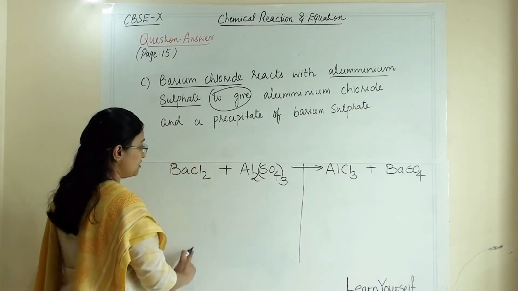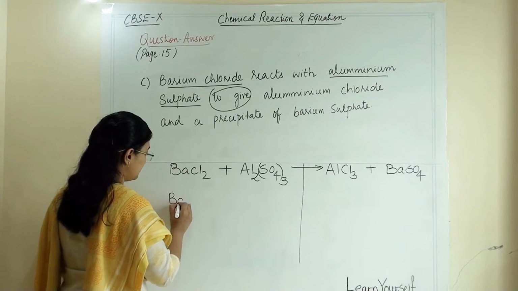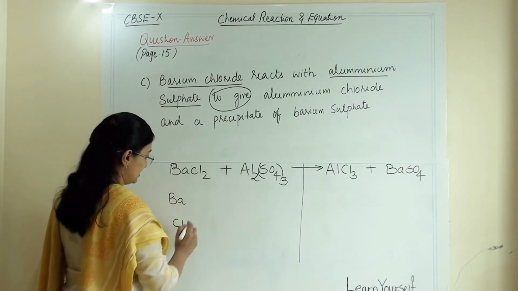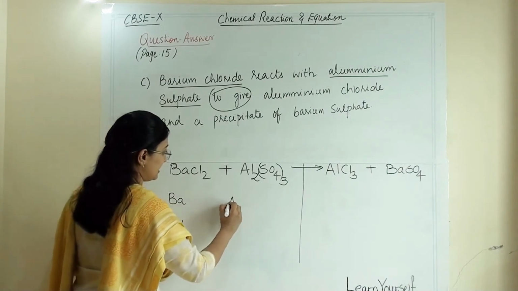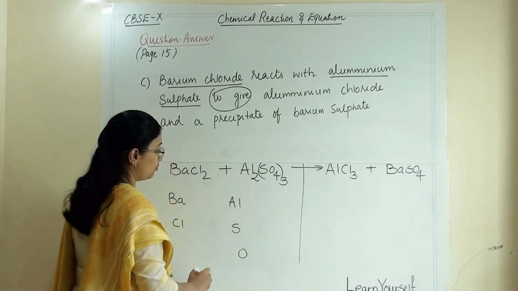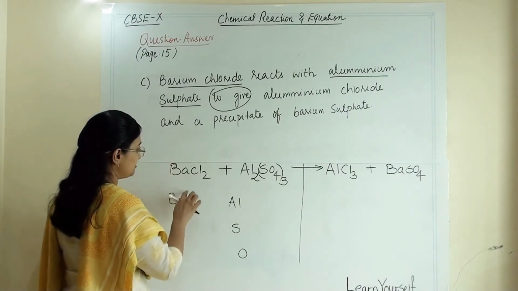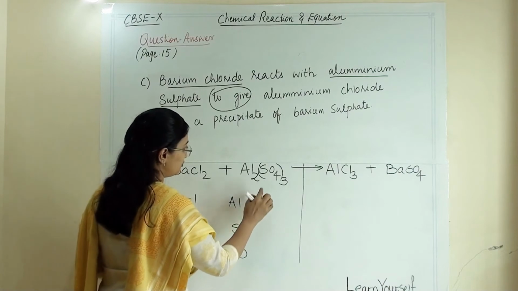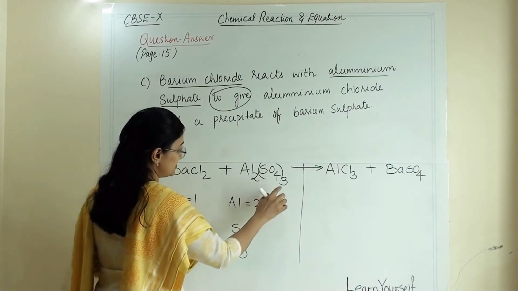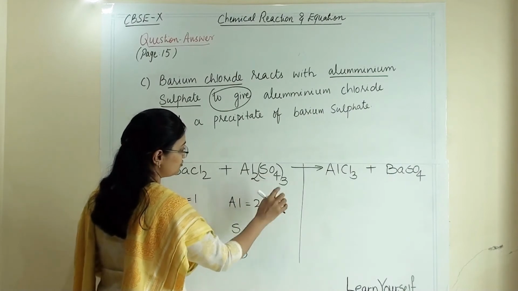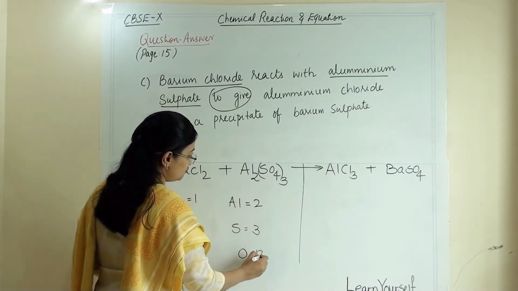We will write down what all atoms are here. Ba, then Cl, then Al, and S and O. So here our barium is 1, Cl is 2, aluminium is 2, sulfur is 3, and oxygen is 4 into 3, 12 oxygens.